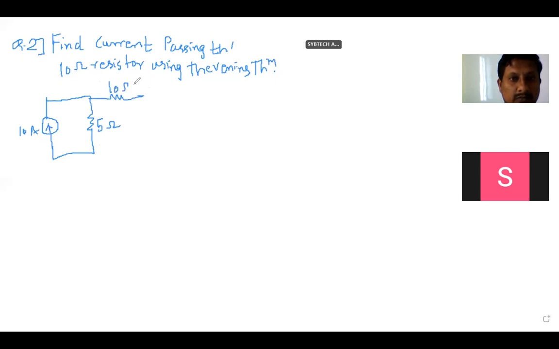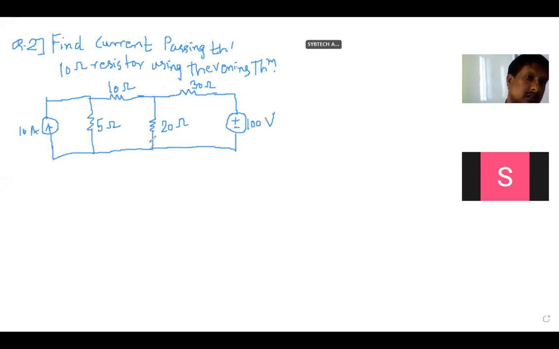This is 10 ohm. This is 20 ohm. This is 30 ohm. This is 100 volt. So what is the question here? Find current passing through 10 ohm resistor using Thevenin's theorem.